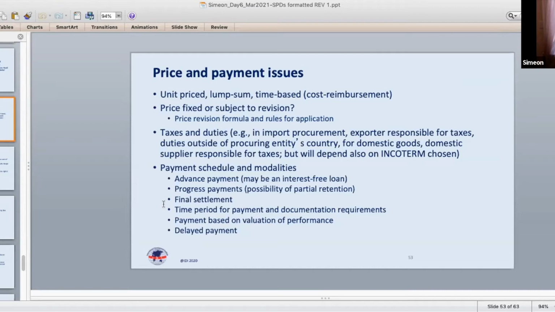But the example that you're raising is more than just a tax issue, isn't it? It's a question of some sort of requirement. Yes.